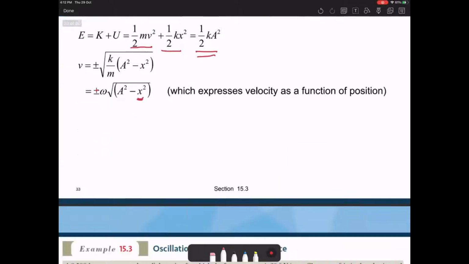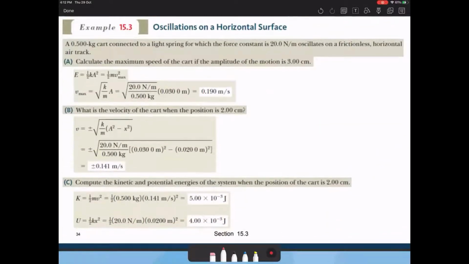So the largest speed can be obtained when it is all in the form of kinetic energy. That is why you have 1/2 kA squared equals 1/2 mv squared. And in this way, you decide what is the value of the maximum velocity.